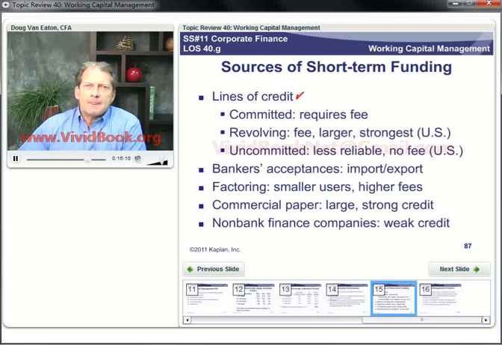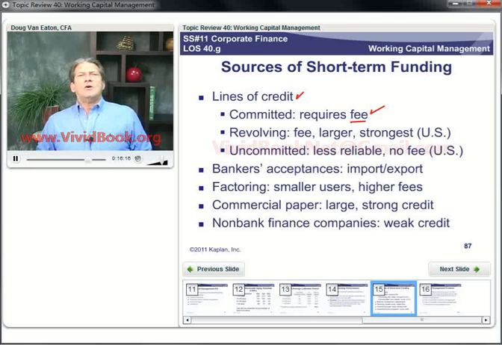The committed line of credit requires a fee because the bank is saying, or whatever company it is, but usually a bank, is saying, we're committed. You've got $2 million here. You can draw on that anytime you want. And this can even be a revolving. That is, you can take it up and you can pay it back down. This will have a fee, and it's granted to the largest and strongest credits in the U.S.